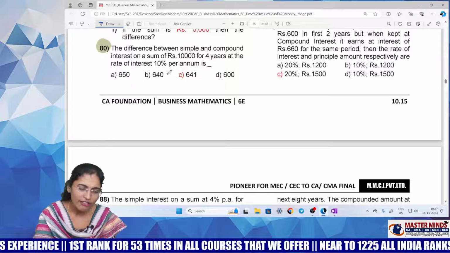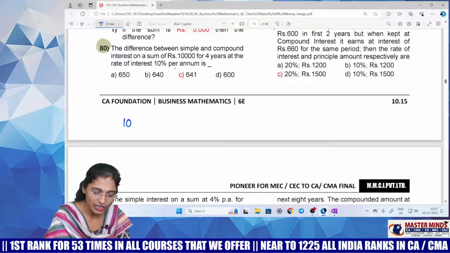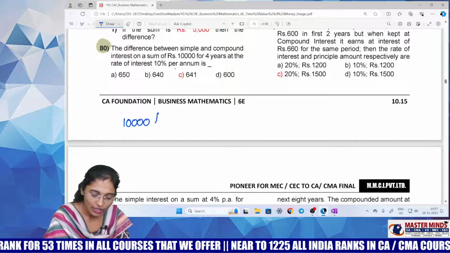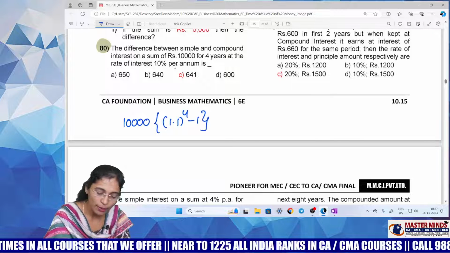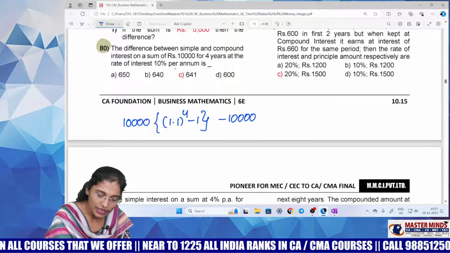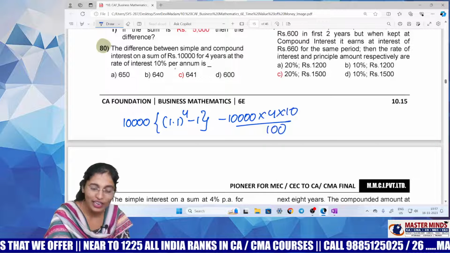Maybe even if it is 4 years, look at this. The difference between compound interest and simple interest on a sum of 10,000 at rate of interest 10% for 4 years. This is compound interest, and simple interest is P into time duration 4 years, rate of interest 10 by 100. Use your calculator, guys.